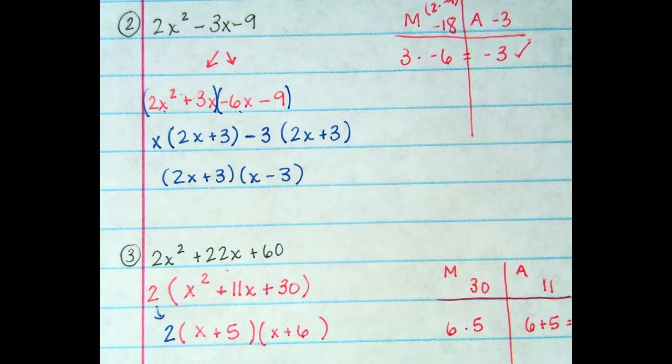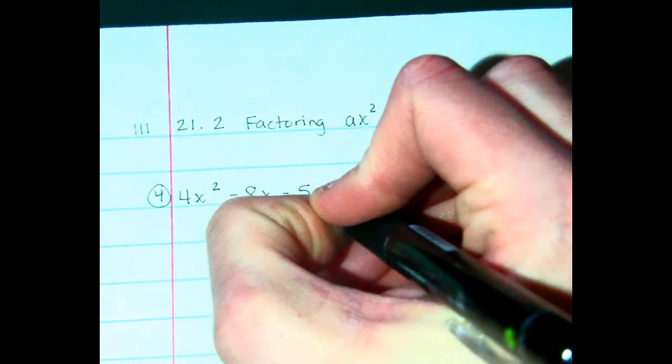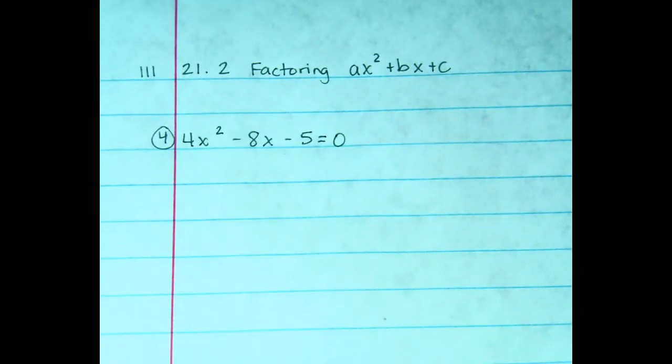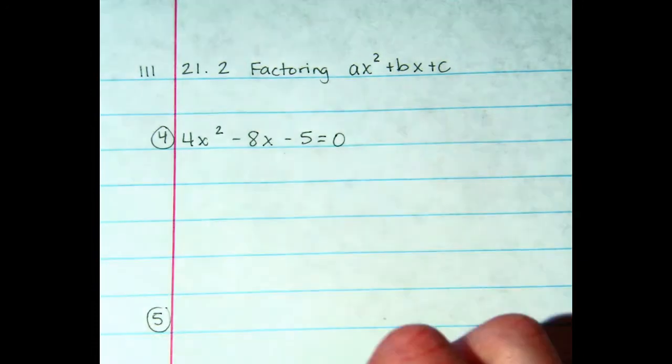We're going to do 3 more of these, but we're not going to do them before I let you take a quick. I'm writing down all 3 now so that you can just go ahead and start trying all 3 of them. I'm going to give you some time to do them. There's number 4. Here's number 5.